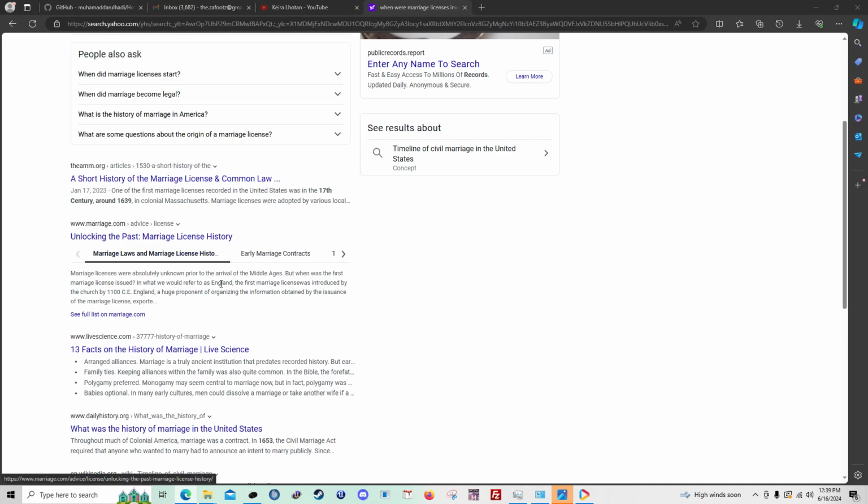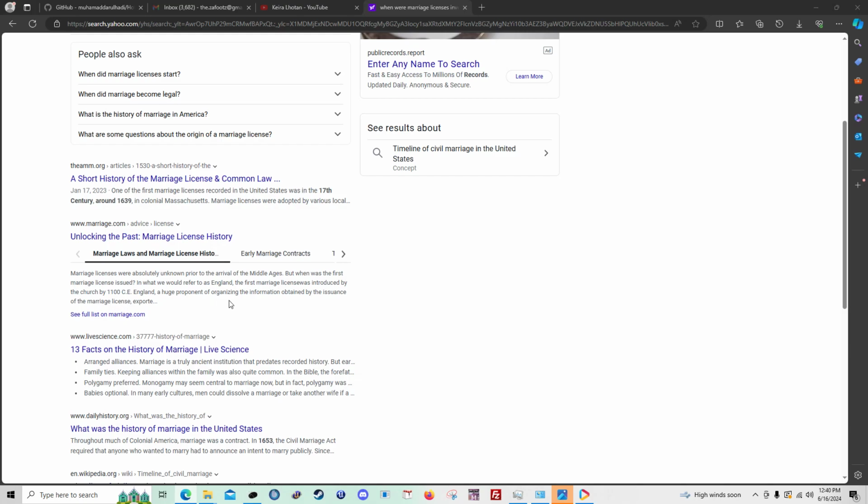And here it says in 1100 in the Common Era, marriage license was introduced by the church in England, a huge proponent of organizing the information obtained by the issuance of the marriage license.